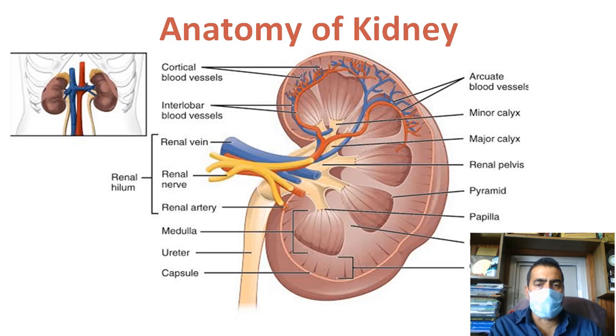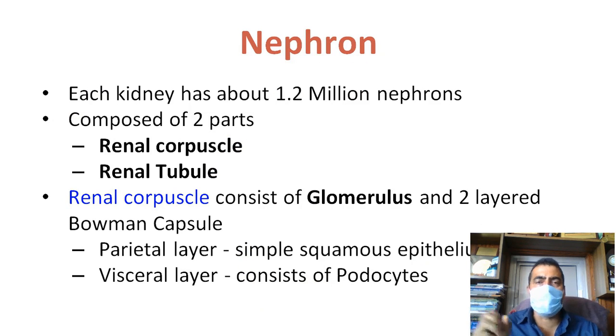Then there is the capsule, also known as Bowman's capsule. All the nephric filtration takes place there. It also has a number of cortical blood vessels and interlobular blood vessels, and all these are the most important parts of the kidney. This is the anatomy of the kidney.